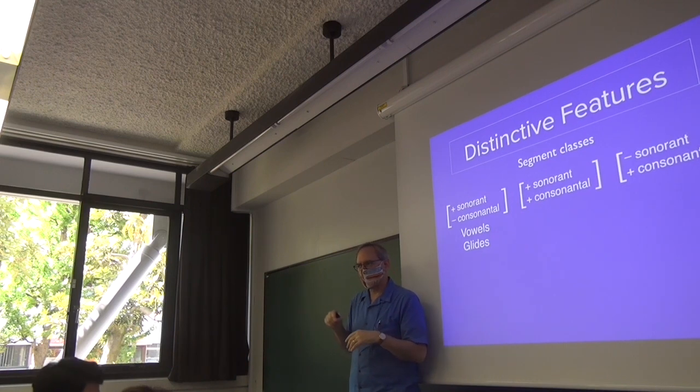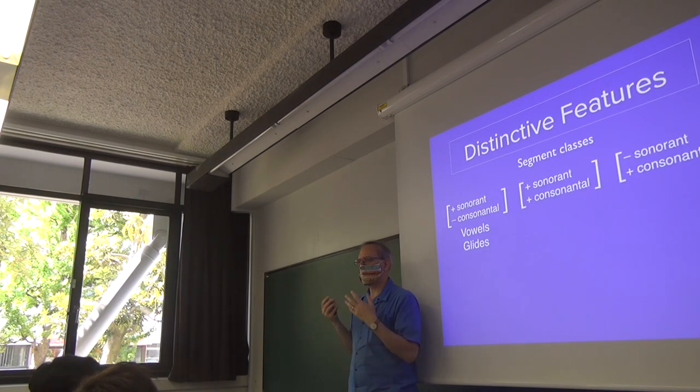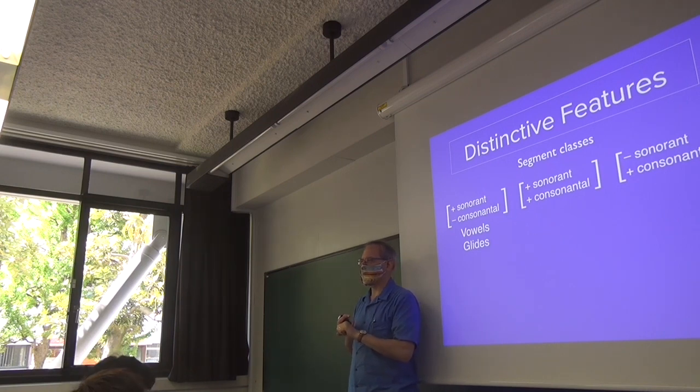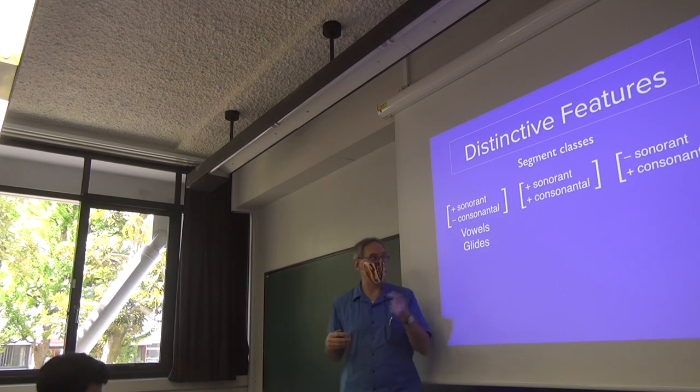So in written English, the letter W and the letter Y are often referred to as consonants. But the sounds W and Y, these glides, are minus consonantal. It has to do with the rules for writing. It's something special about writing.